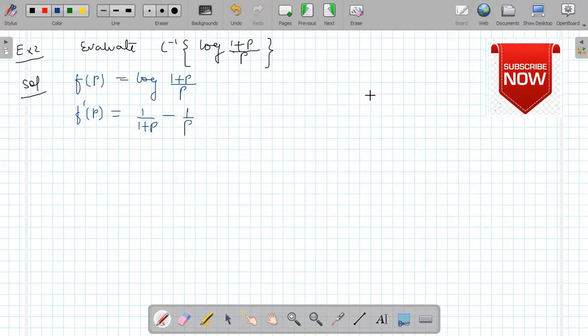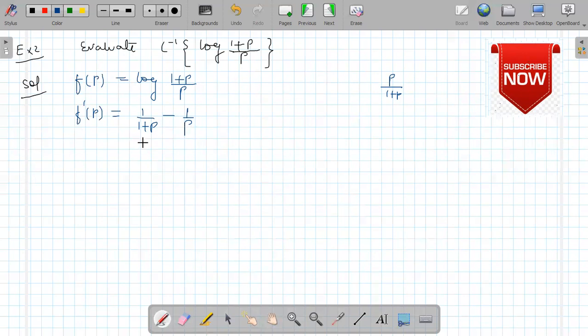Actually, when you differentiate it, you will get p upon 1 plus p. Then you have to differentiate (1 plus p) over p by the division rule. So when you do the partial fractions, you will get this expression. So I'm not showing that calculation here. You can try it in your rough sheets and check whether this is coming or not.